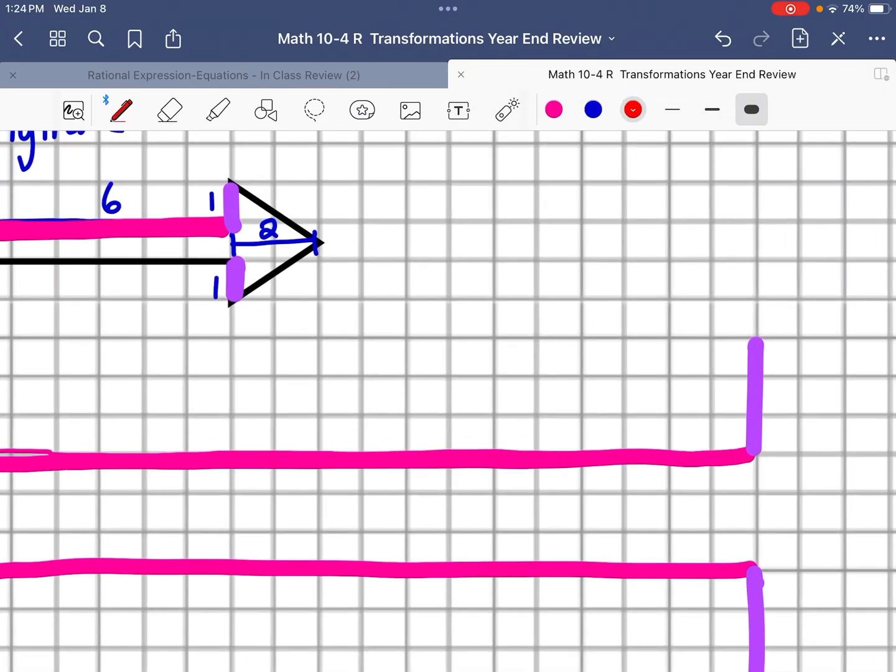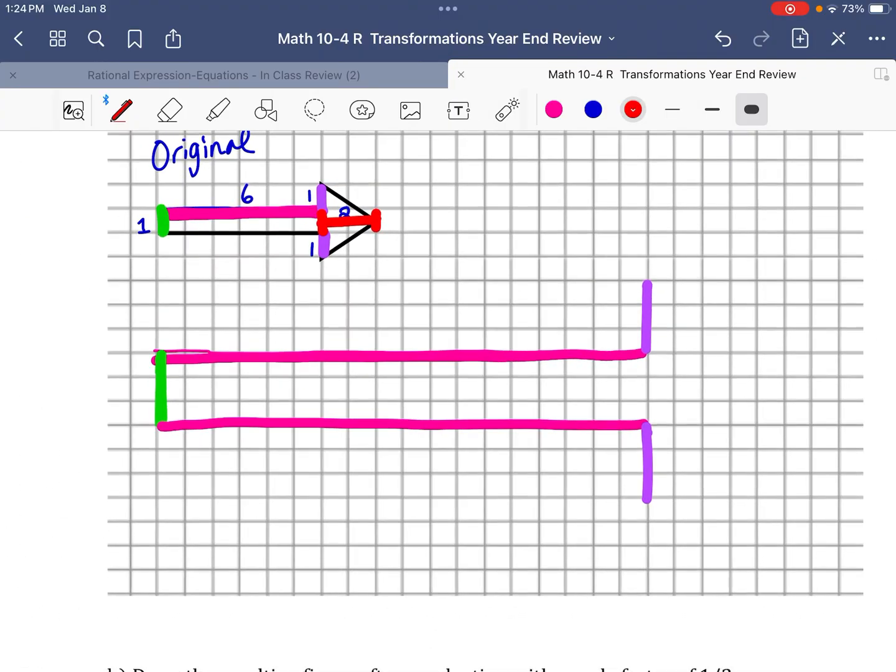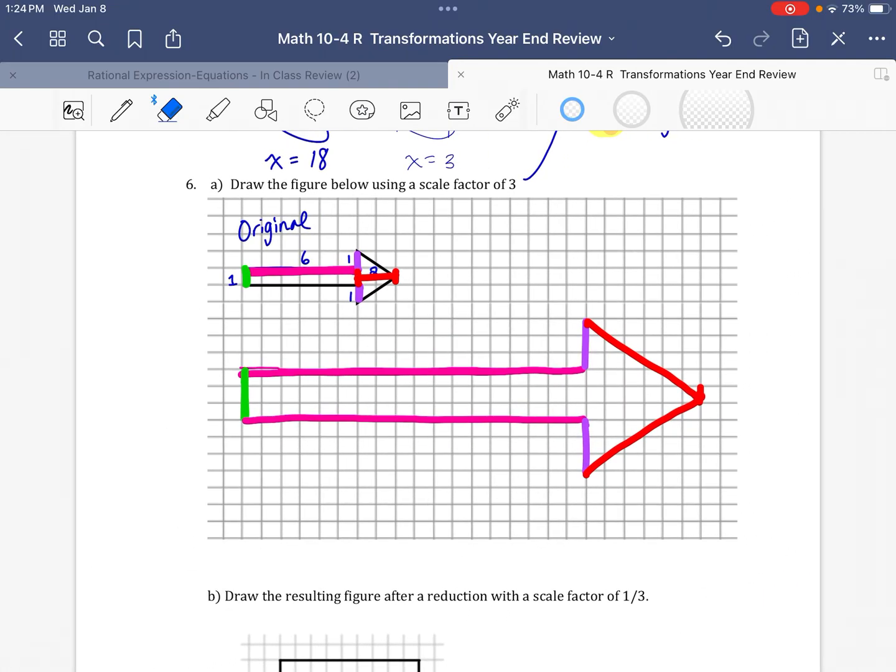Okay, so in the original it was 2. So if we multiply that by 3, we get 6. So 1, 2, 3, 4, 5, 6. That's where that one goes. And we connect there to there and there to there. So we've drawn a scale factor 3 image. It's 3 times as big.